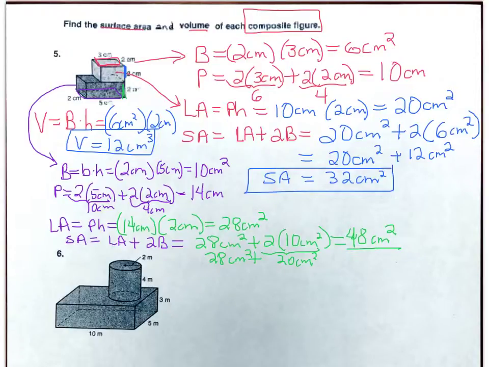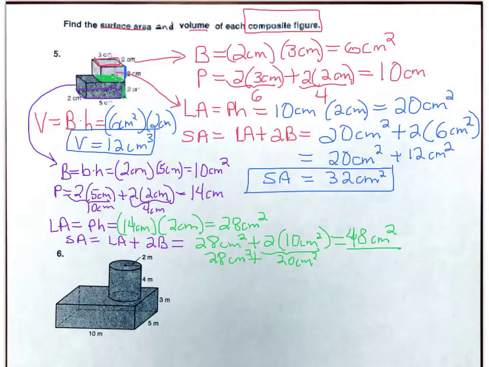But now we have to keep in mind that we don't want to include the base from the bottom of the top prism, and that is covering the same area at the bottom prism.